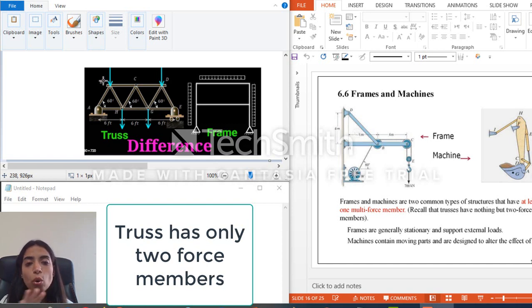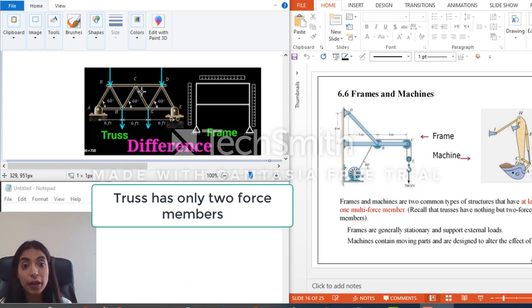So there is no member where the force is exerted on the member itself. If I have one member where the force is not exerted at the joint, it is exerted at a point on this member, then this member, guys, will no longer be a two-force member, which means, guys, this is the case of the frame.